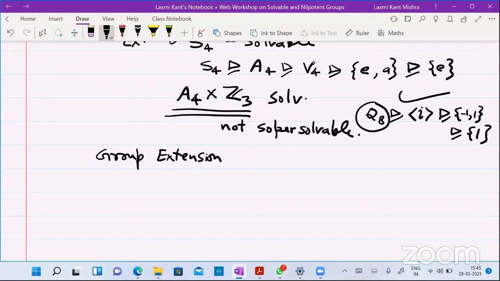Group extension. Well, what is group extension? Suppose we have two groups, H and K.